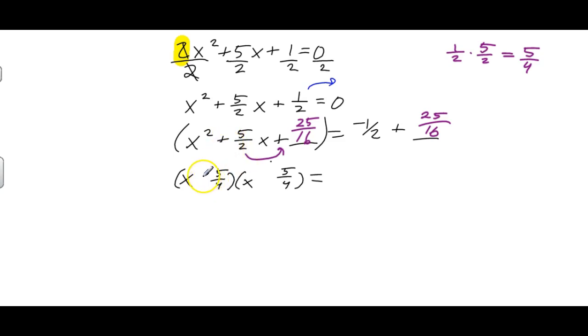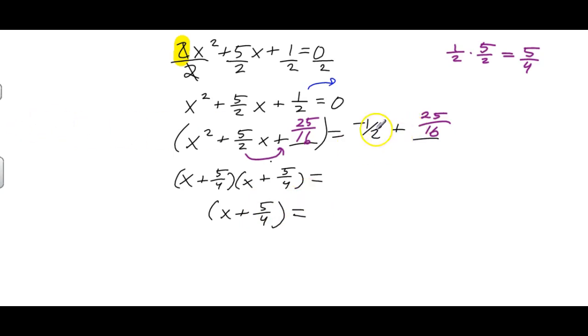This is plus. Let's think about that for a second. 5/4 plus 5/4 is 10/4. And if you cancel, you get 5 halves. So that works. That adds up. That's going to work really nicely. In fact, over here we've got x plus 5/4. Almost to my favorite part here. Just a second, we're almost there.